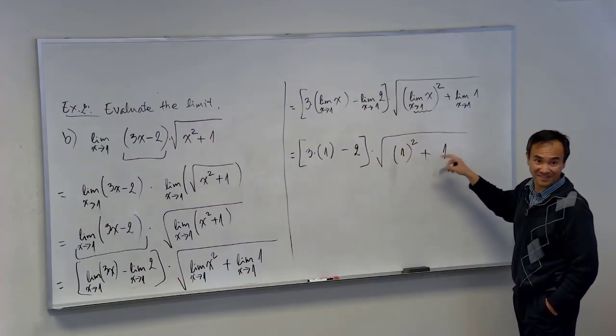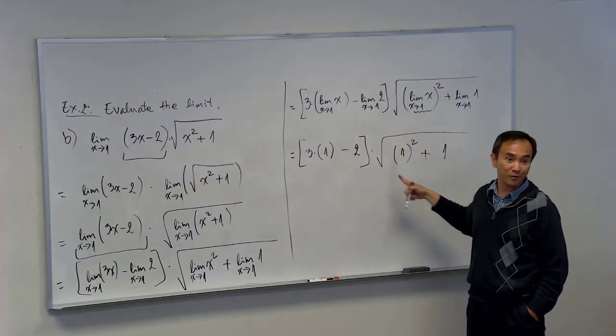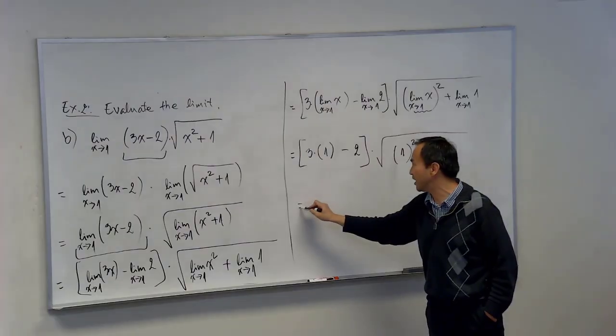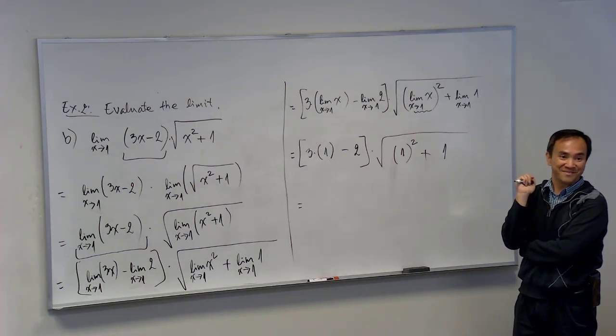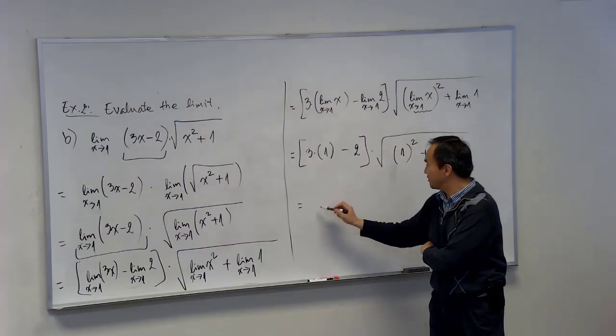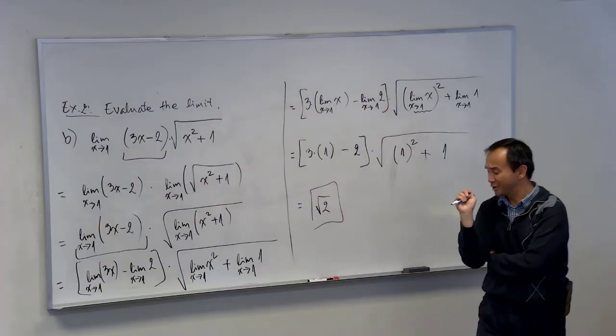And after whatever that is, we can take the square root. Now it's all completely numerical, and we can just go ahead and do the final evaluation. And so the final answer should be the square root of 2, if I'm calculating correctly.